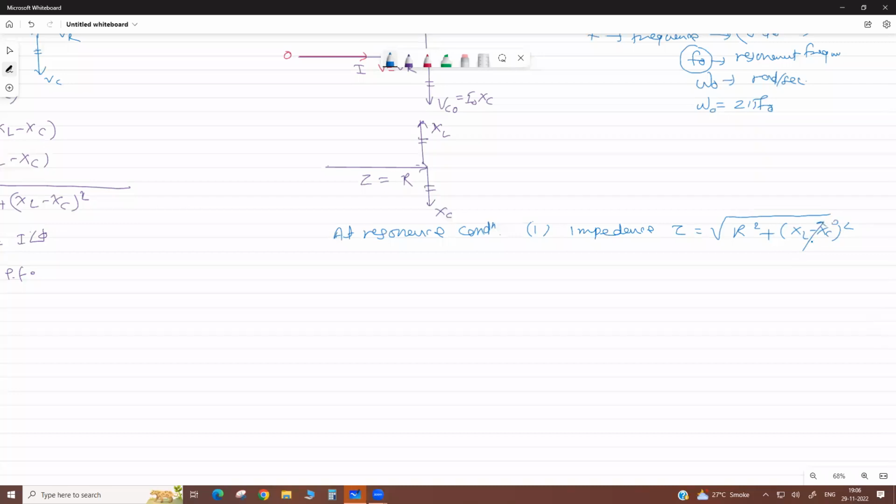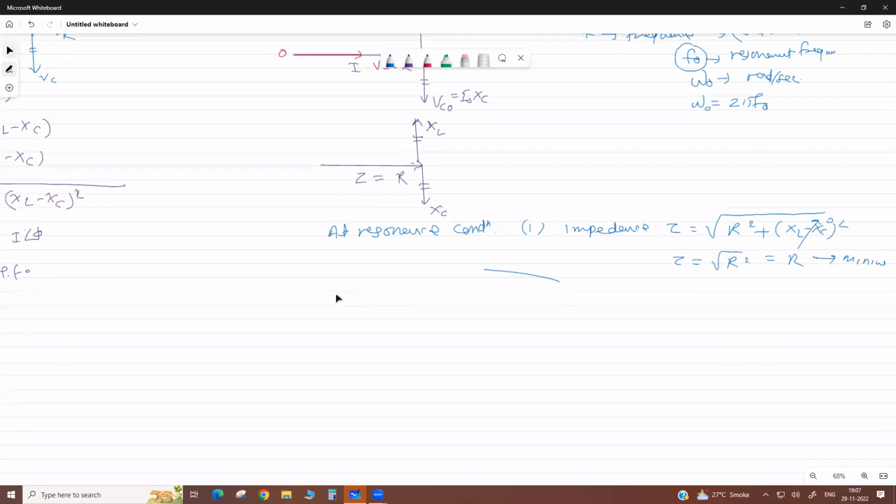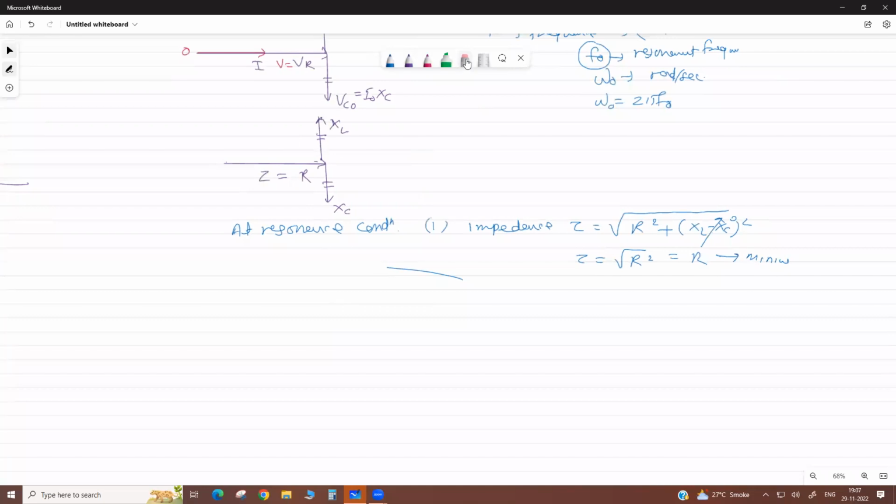Now this is 0 because they are equal. It means Z equals root of R square, so R, minimum. The impedance of the circuit under resonance is minimum.